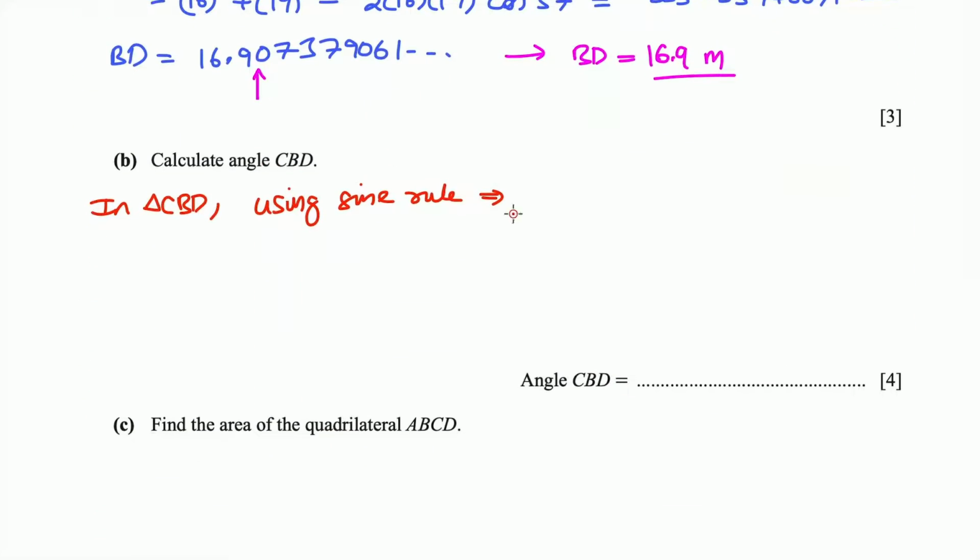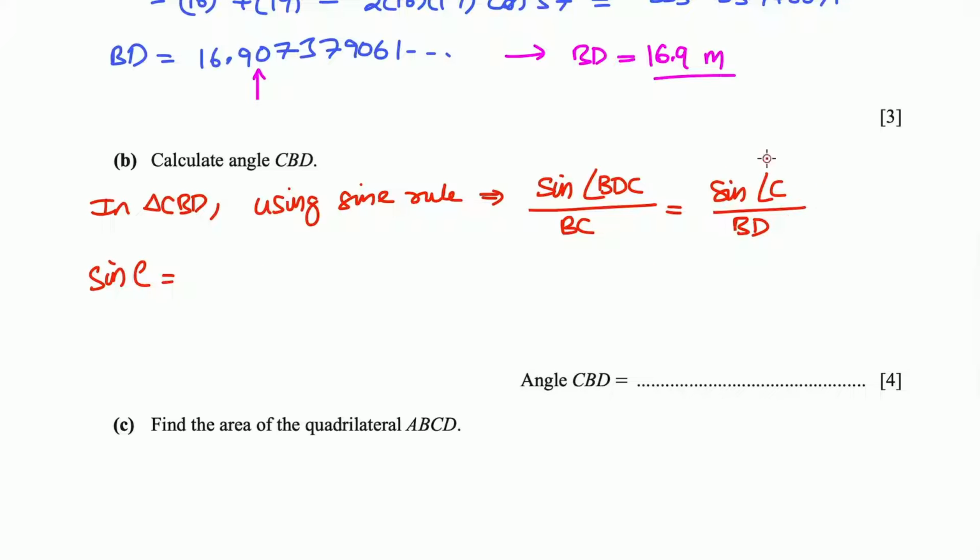So sine of angle D, which is BDC, divided by BC will be equal to sine of angle C divided by BD. Therefore sine C would be equal to BD by BC into sine angle BDC.